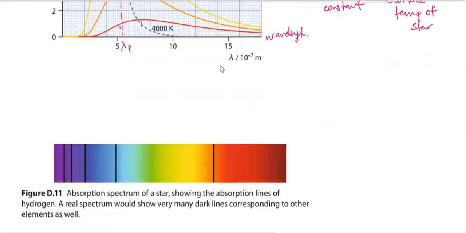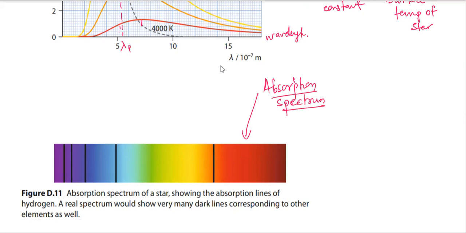The other evidence that we observe is the absorption spectrum of a star. We do not just look at the intensity of the light coming out of it, but we also observe the absorption spectrum.